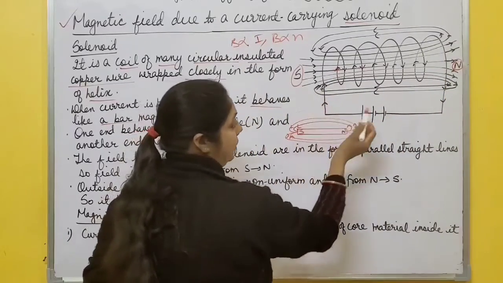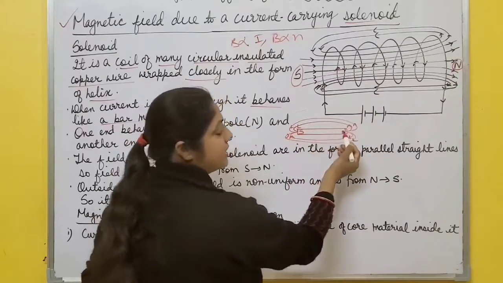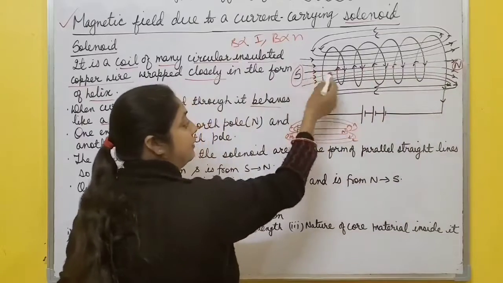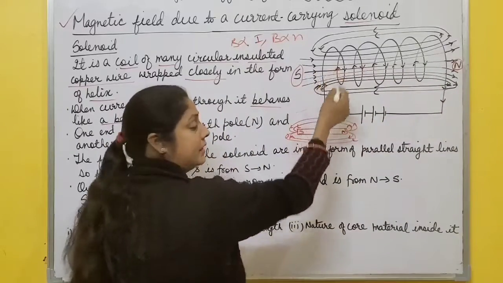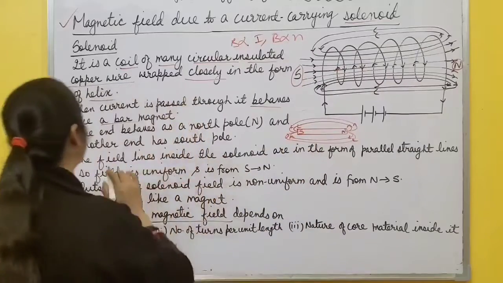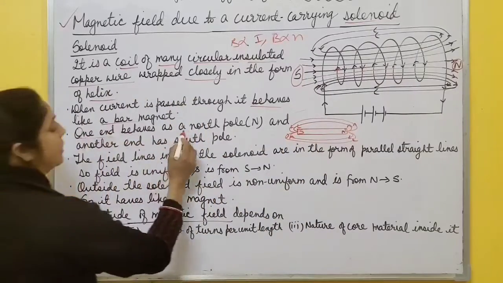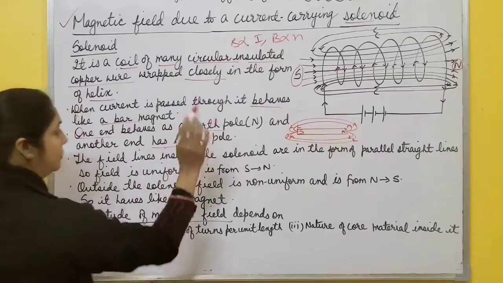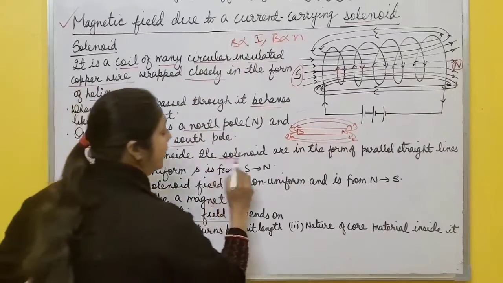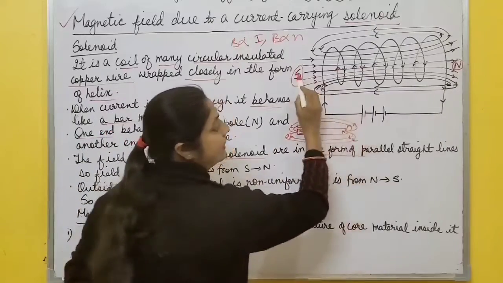Because in case of a bar magnet the field line starts from the north pole, this end acts as a north pole, and here the magnetic field line ends, enters here, so this end acts as a south pole, right? So one end behaves as a north pole, and the other end behaves as a south pole. If you draw a diagram like this, the field lines inside the solenoid are in the form of parallel straight lines.